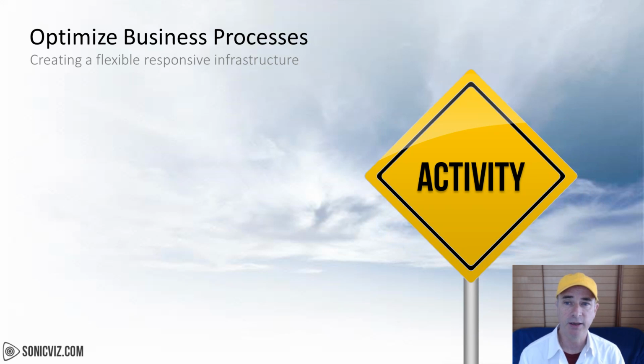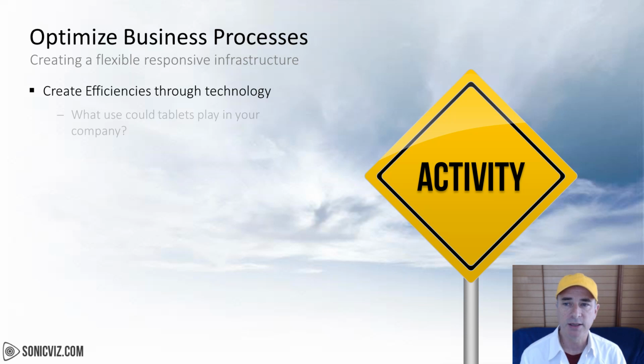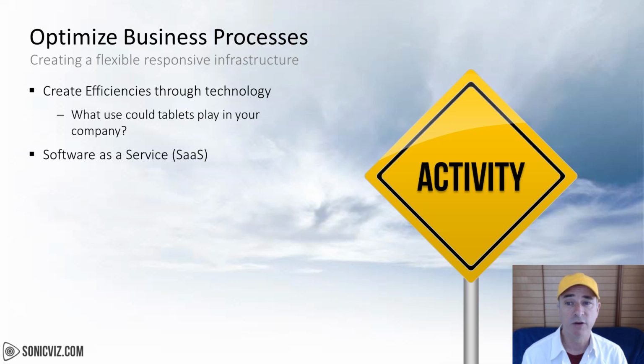So as an activity, you can pause the video here and think about some of these. Think about some of your own efficiencies through technology. What could you use tablets for in your company to create more efficient use of technology and business processes? Software as a service: what systems could you streamline by plugging into an external service?